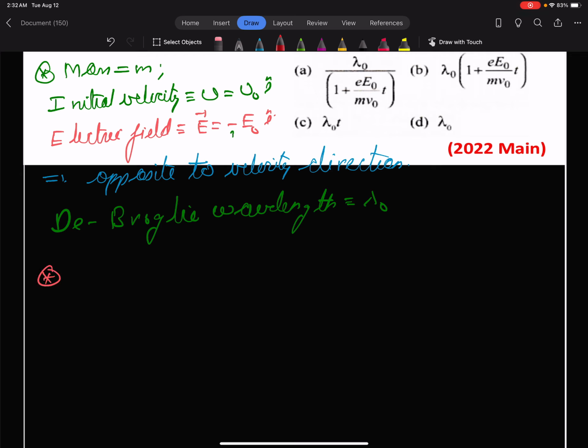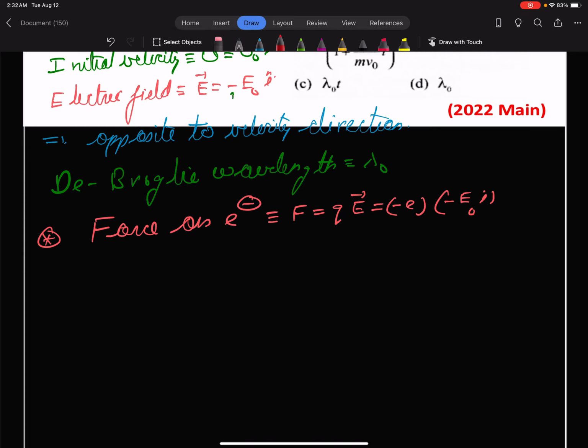So we can say force on electron, and that force, let us suppose, is F, will be equal to Q times electric field, and charge is our electron, electric field is our E naught i unit vector.